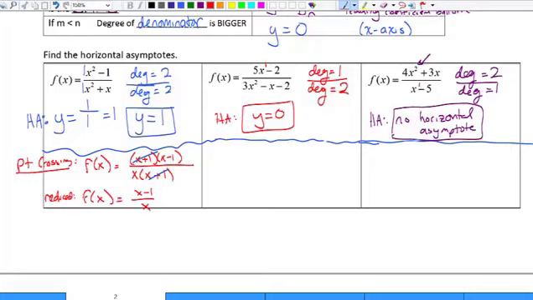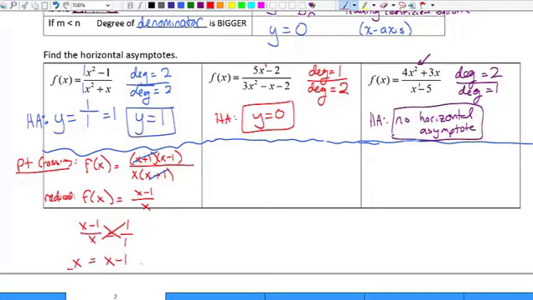Okay, so the rules say in order to find the point crossing the horizontal asymptote, I'm going to take my reduced function and set it equal to the horizontal asymptote value. In this case, the horizontal asymptote is at 1. An easy way to solve this is to cross multiply. I put the 1 over 1. I get 1 times x is x. x minus 1 times 1 is x minus 1.